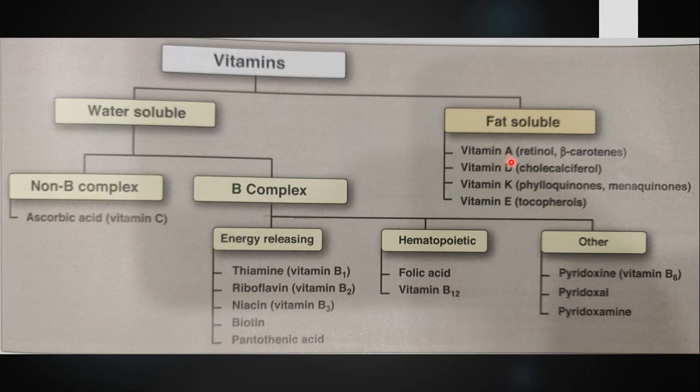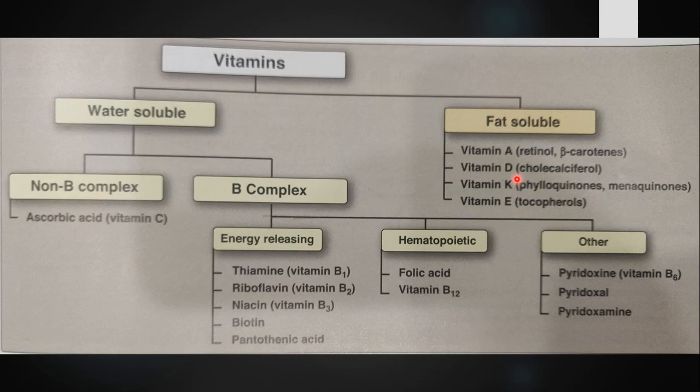In the fat soluble group, there are four vitamins. Vitamin A, also known as retinol or the beta carotenes. Second is vitamin D, cholecalciferol. Third, vitamin K, that is also in the list of the fat soluble vitamins. And fourth is vitamin E, a very important vitamin, the tocopherols.